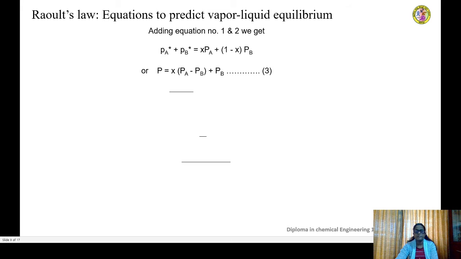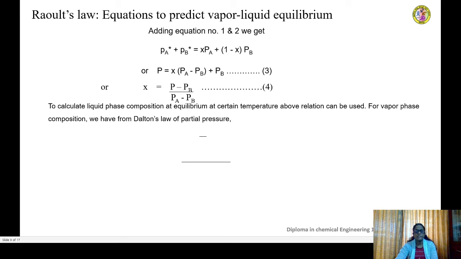If we take out the x term from two of the terms on the right hand side, then you get x into (capital PA minus capital PB) plus PB. Now if you just rearrange this equation, then x can be retained on one side. So the final equation becomes x equals (capital P minus PB) divided by (capital PA minus capital PB). So this is equation number 4, using which we can calculate the liquid phase composition x at equilibrium.